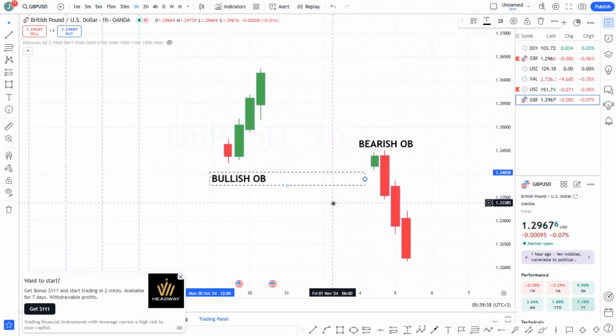So order blocks have characteristics. Order blocks have rules to make them valid. For an order block to be valid, there are things that it must meet before we consider it a valid order block. And what are those things?